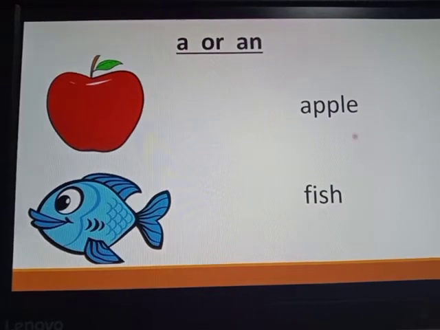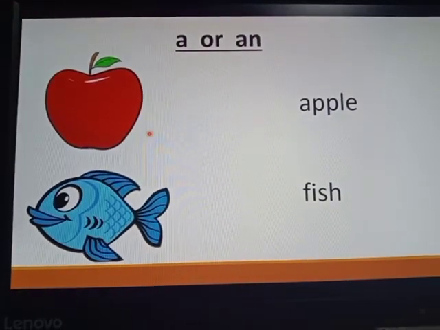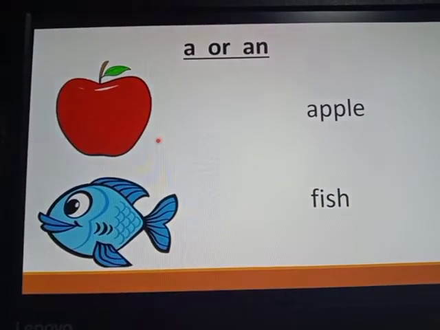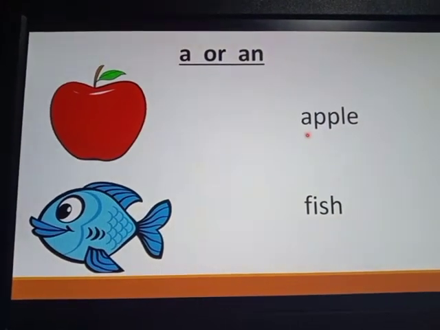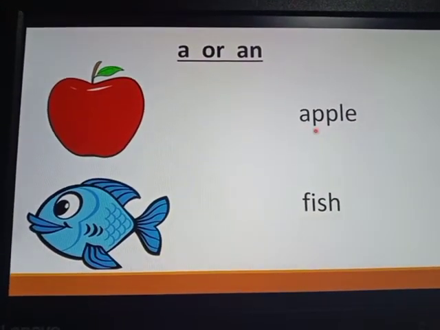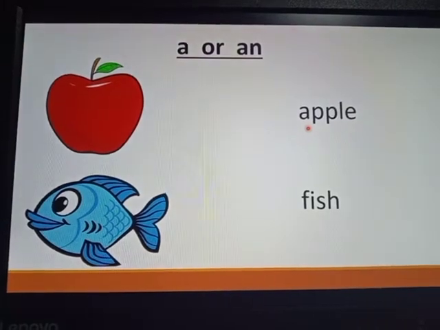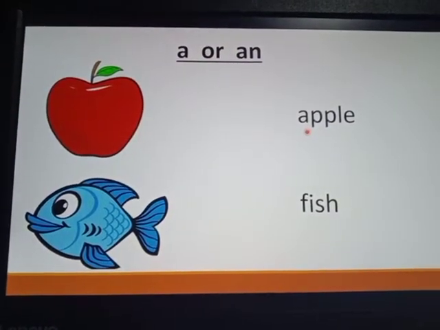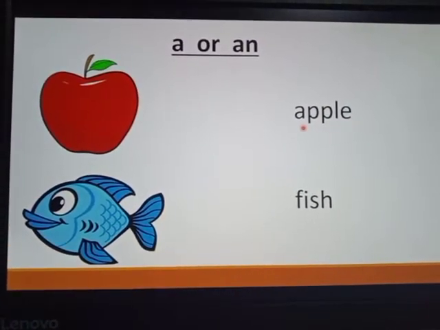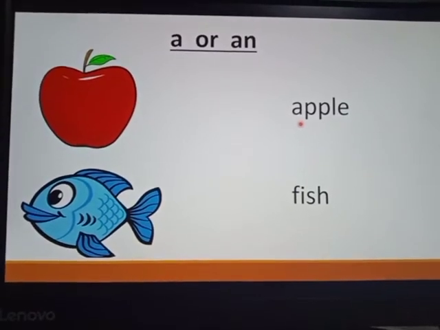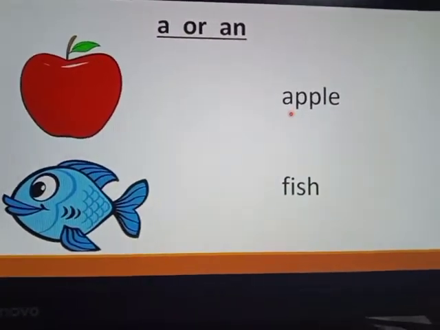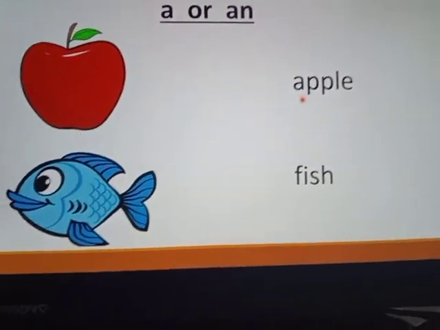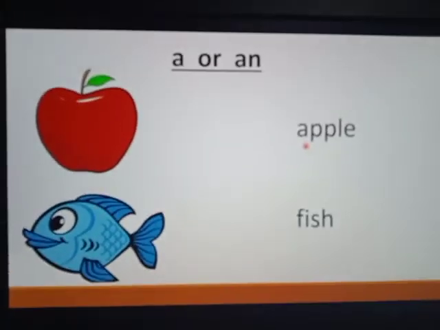What are you seeing in the first picture? Yes, it's an apple. Read the spelling of apple. A-P-P-L-E. Apple. So, what is the starting letter of this word? Yes, correct. It's A. And A is a vowel or a consonant? Correct.